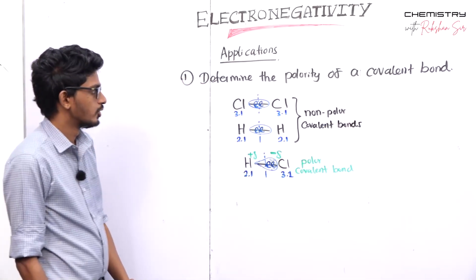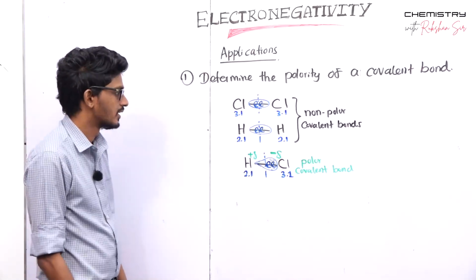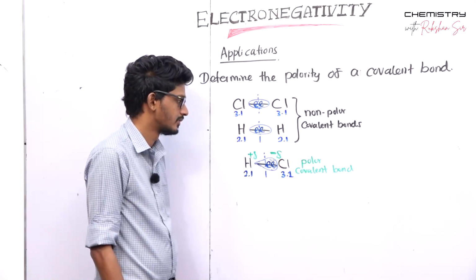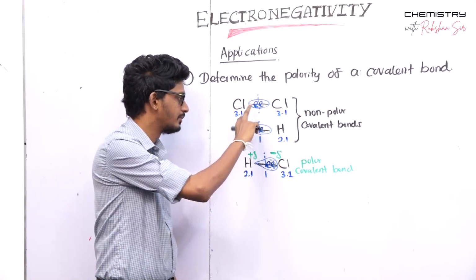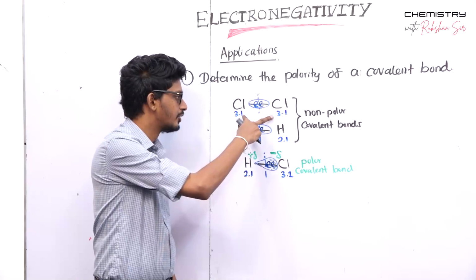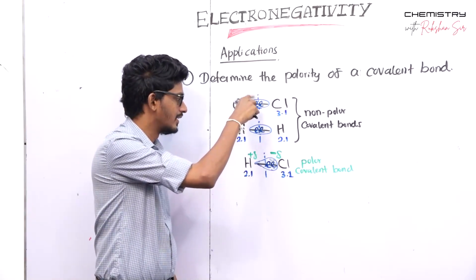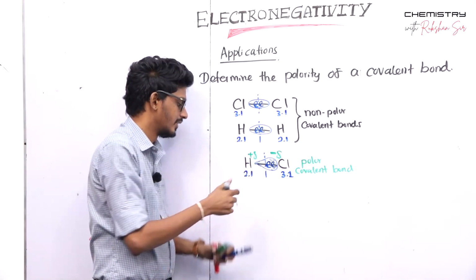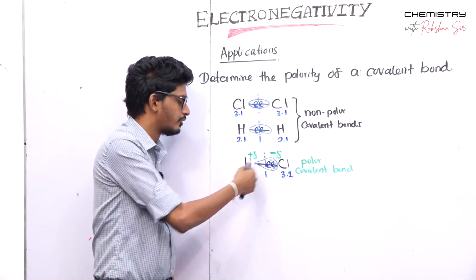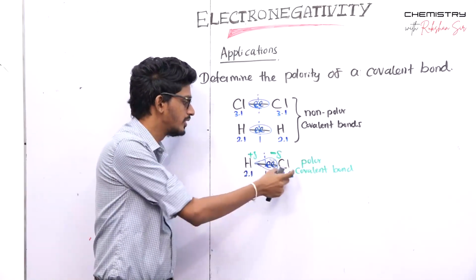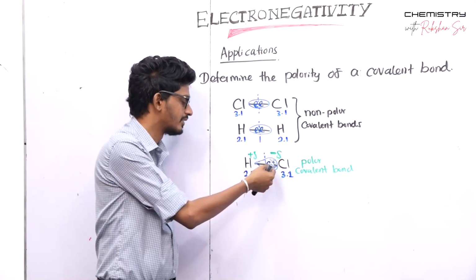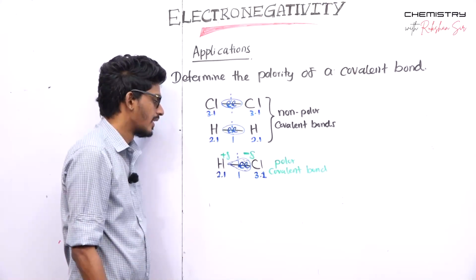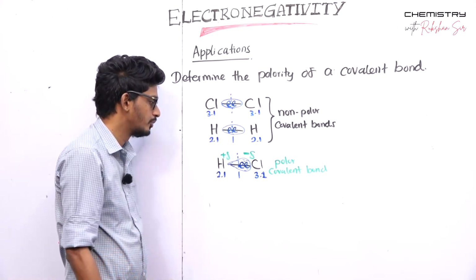So to decide the polarity of your covalent bond, the electronegativity concept is much needed. If the bond is created between two atoms of the same electronegativity, the electron pair resides at the center, so no polarity appears. If the covalent bond is formed between two atoms with different electronegativities, the electron pair is attracted greatly towards the more electronegative atom, creating a negative pole there, and on the other side a positive pole.